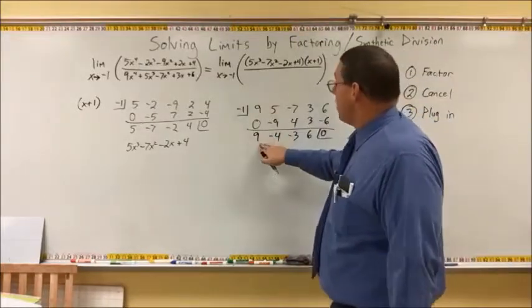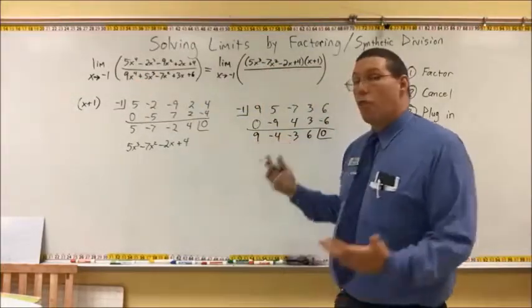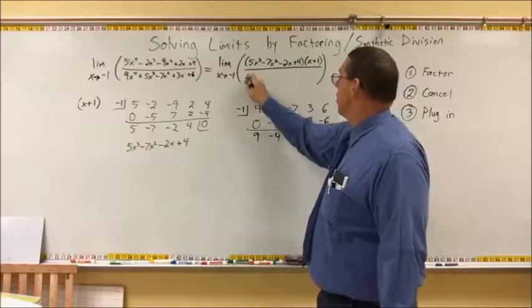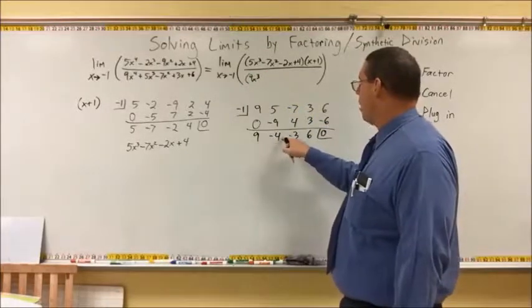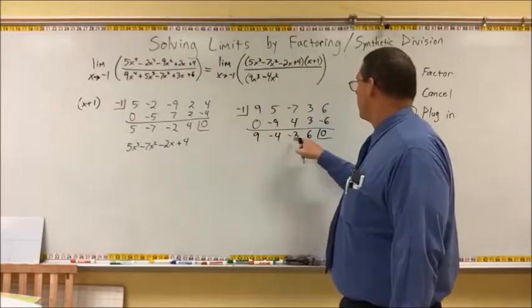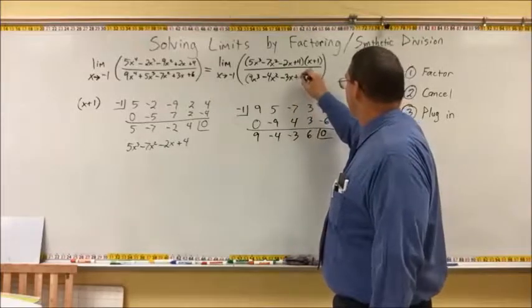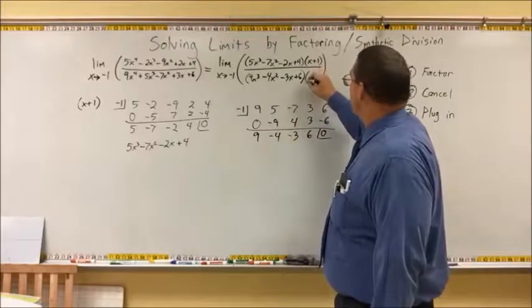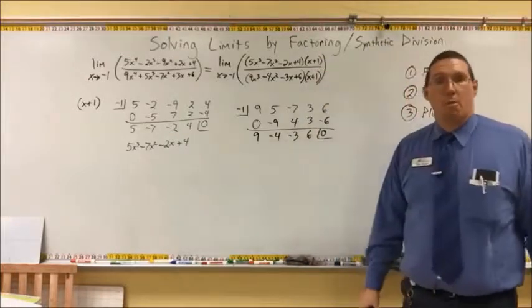So now, this was 9x to the fourth, so now this is going to become 9x to the third power, right? So here we go: 9x to the third power minus 4x squared, minus 3x plus 6, times the factor that we divided out, x plus 1.